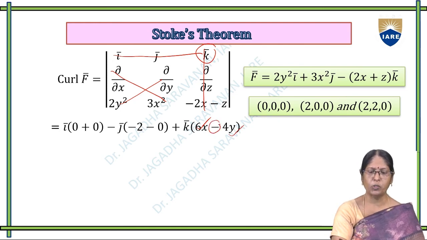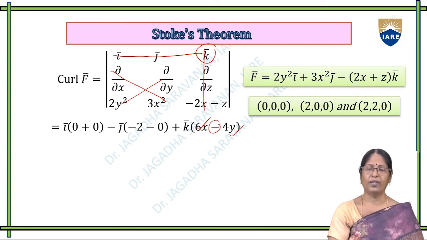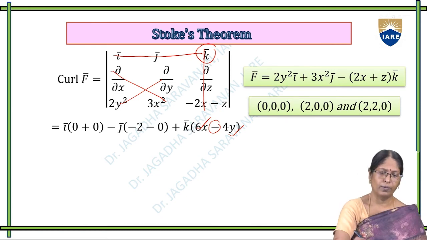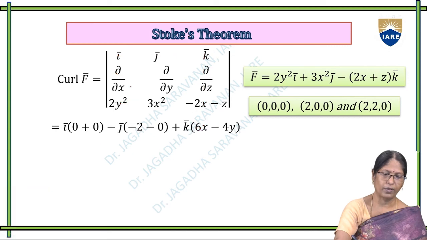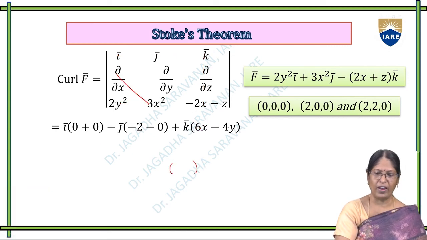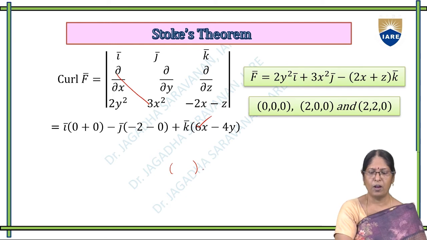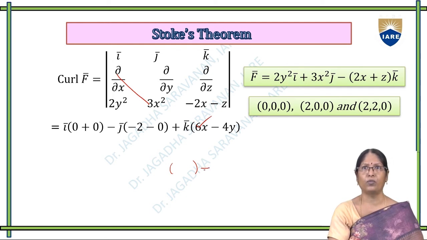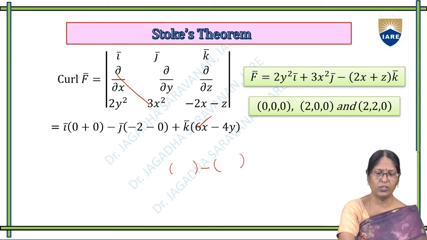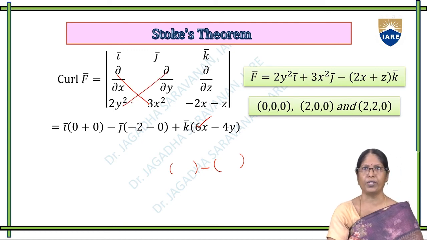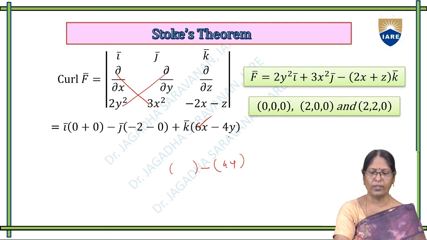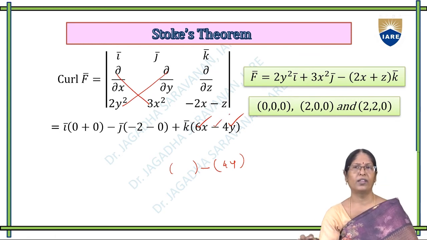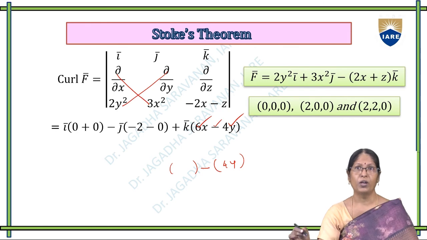Then where does this minus sign come from? The minus sign comes when we are doing the determinant: this cross value 6x, minus, which is related to the formula, this cross value that is 4y. That's why it is here. This minus is related to the formula. There is no other connectivity with the problem terms.